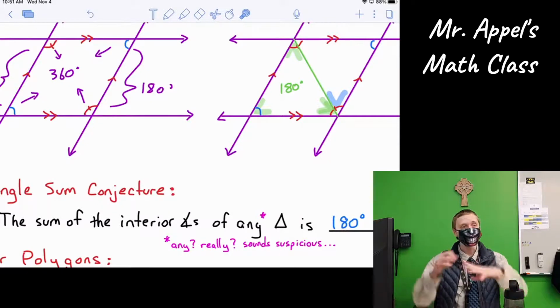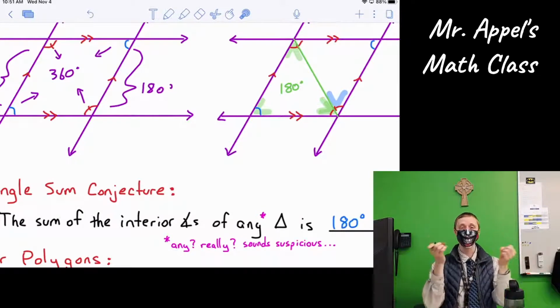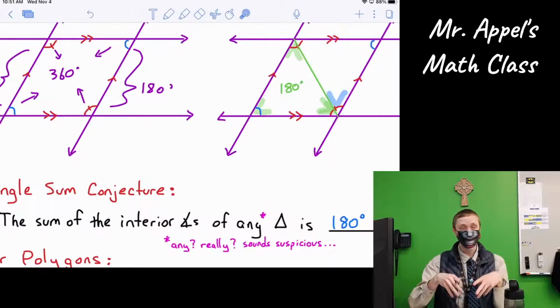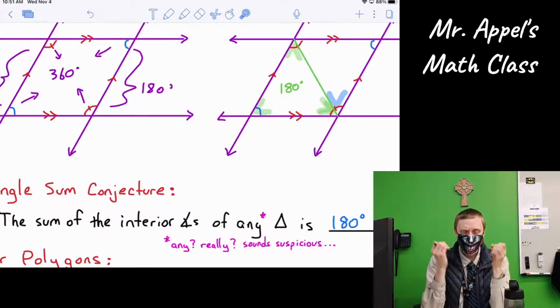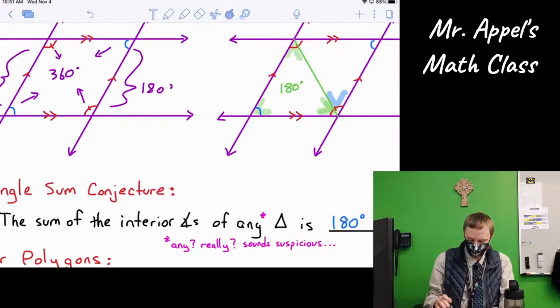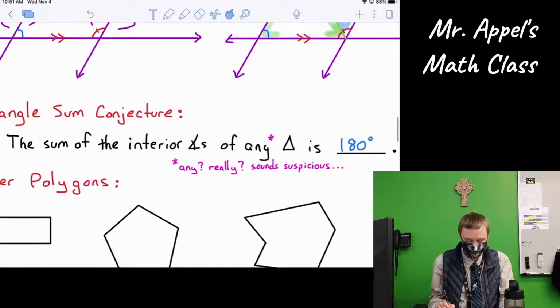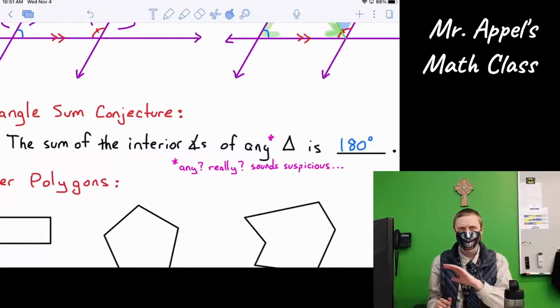Okay? But this is such a big piece of the rest of what we need that we're just going to accept it for now. We'll come back to it later. So we're going to take that fact: the interior angles of any triangle add up to 180 degrees. Okay? You need to know this. This is top-tier knowledge for the SAT and the rest of geometry and everything going forward.